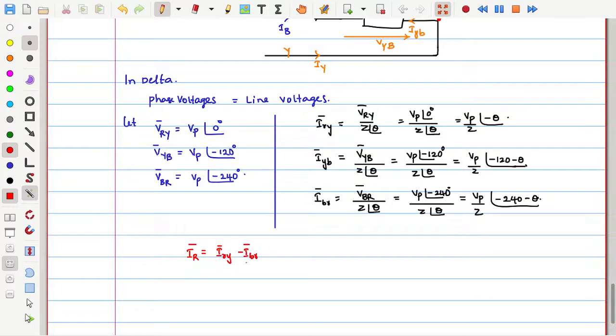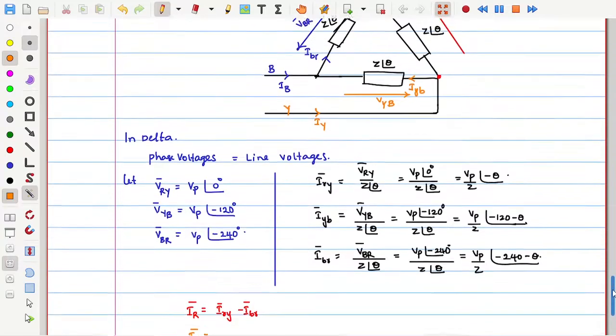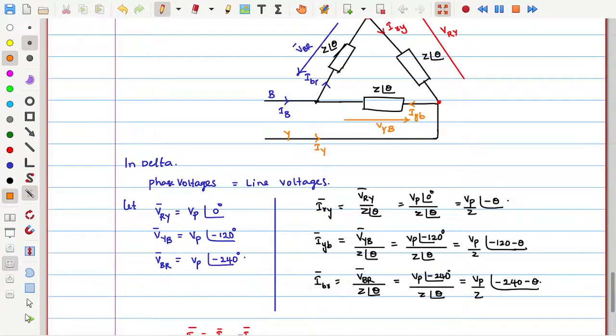We already know these phase currents here. You can substitute here and you can get the line currents. That is the way. Similarly, you can try the other currents. How can I write IY? See here. IY is equal to IYB minus IRY.